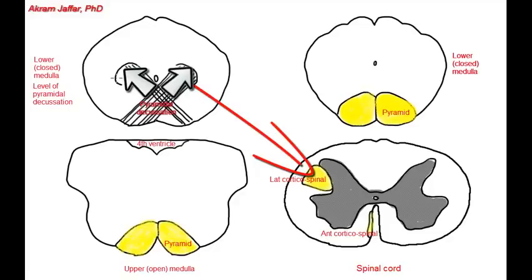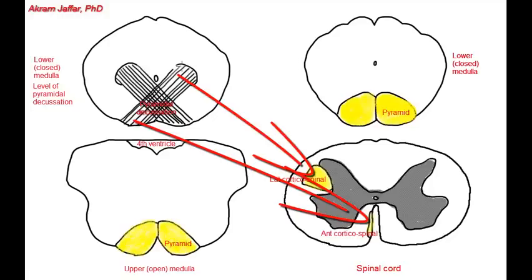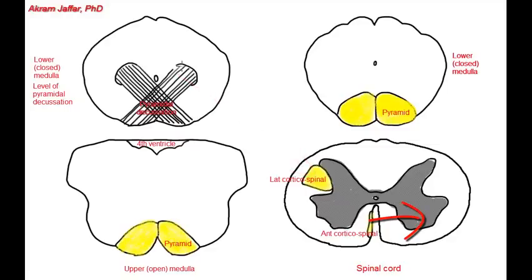This is also called the great motor decussation or the decussation of the pyramids. The fibers that do not cross form the anterior corticospinal tract, and these fibers eventually will cross to the other side at segmental levels and terminate on anterior horn cells of the spinal cord.